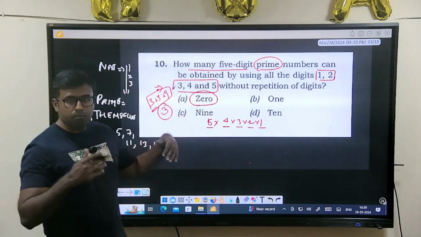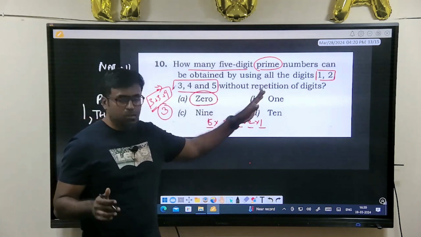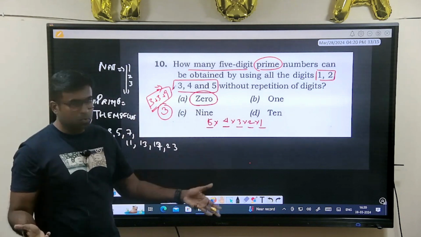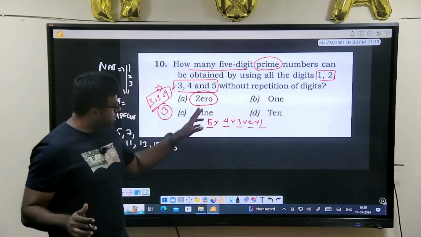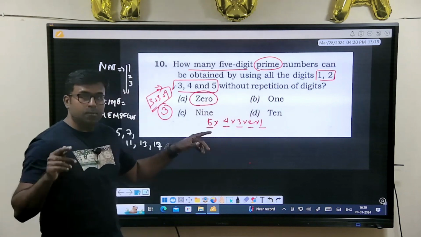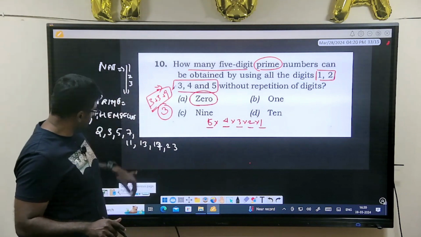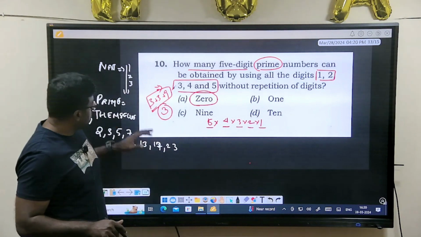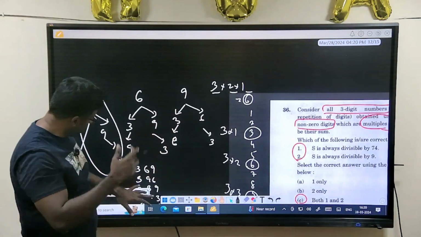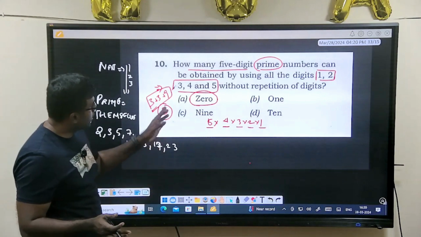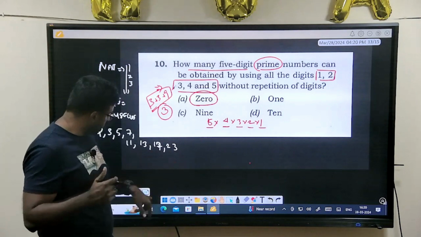How many numbers can be formed? You cannot form any. You can form many combinations of numbers with the digits which have been given to you, but when you form them as non-repetitive numbers, like a huge chart of combinations, and try to find numbers which are prime, it will not be possible, because the digits of all these numbers add up to a multiple of 3.